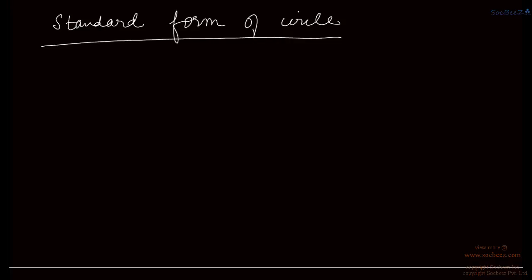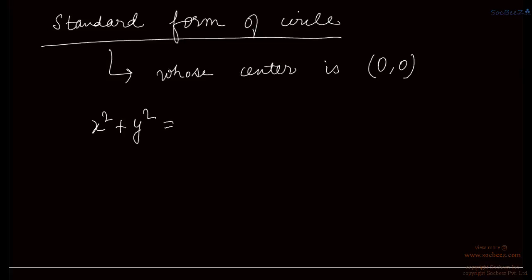So we will be dealing with the standard equation of a circle for that. What is the standard equation of a circle? Standard form of a circle is that circle whose center is 0, 0. That is, the origin is the center. So we have the equation of a circle as x square plus y square is equal to r square.